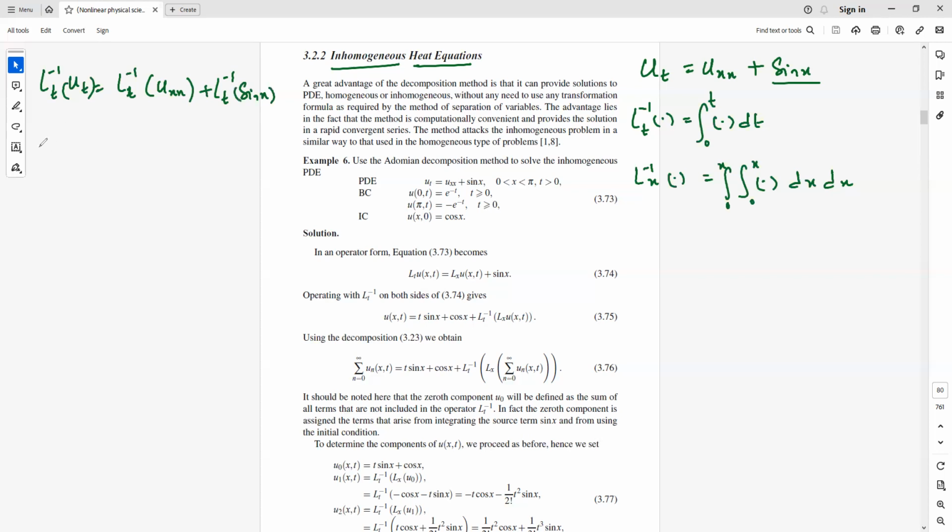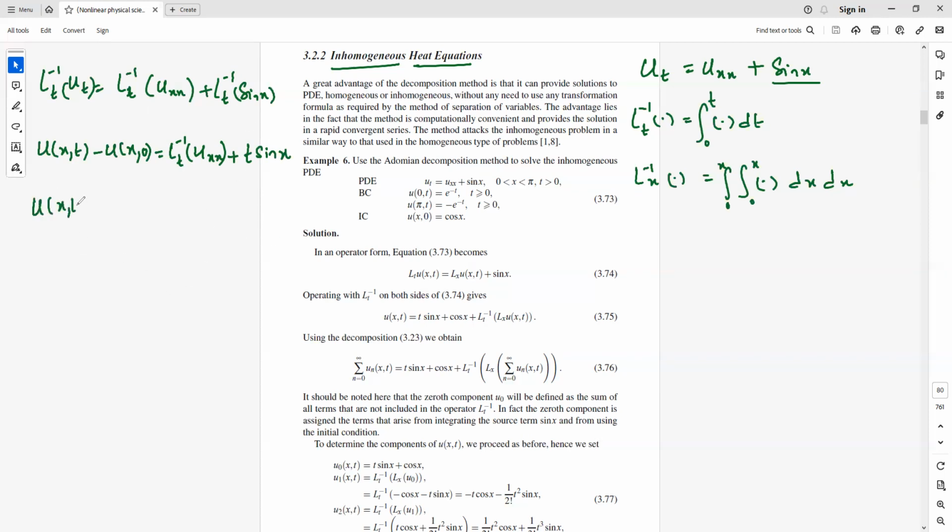On simplifying, on the left hand side we have u of x, t minus u of x, 0, and on the right hand side we have this term plus the L_T inverse of sine x, which gives us t sine x, because we are integrating with respect to t from 0 to t.